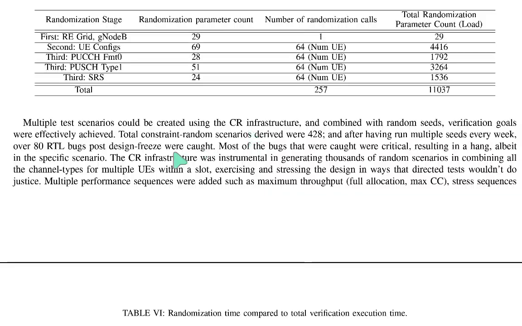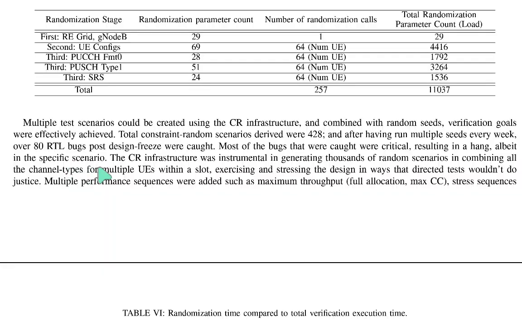The verification goal was effectively achieved with constrained-random scenarios, and after running multiple seeds every week, over 80 RTL bugs were caught post design freeze. Most of the bugs that were caught were critical, resulting in a hang or a bite in specific scenarios.